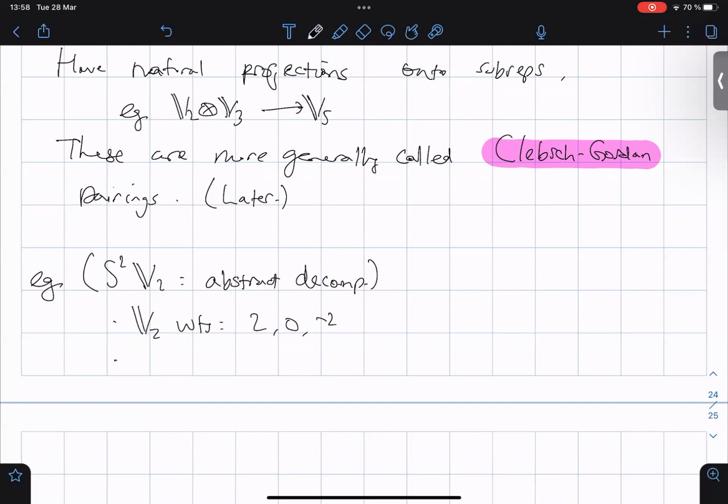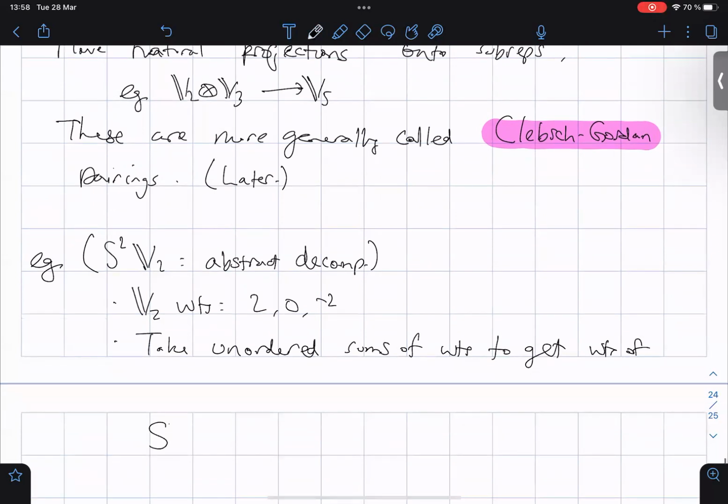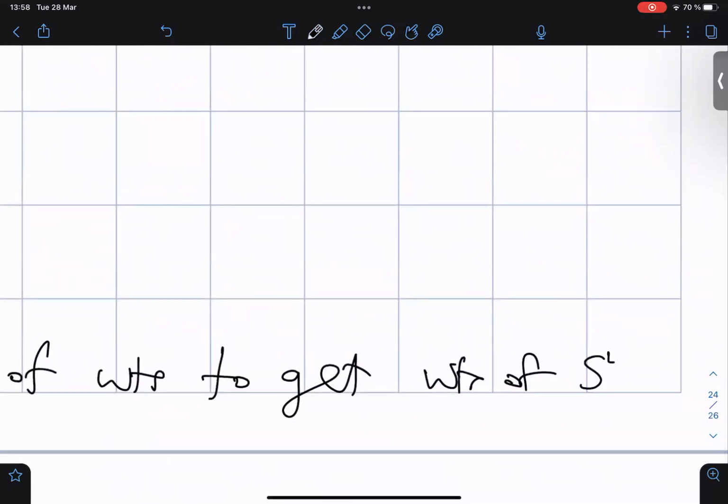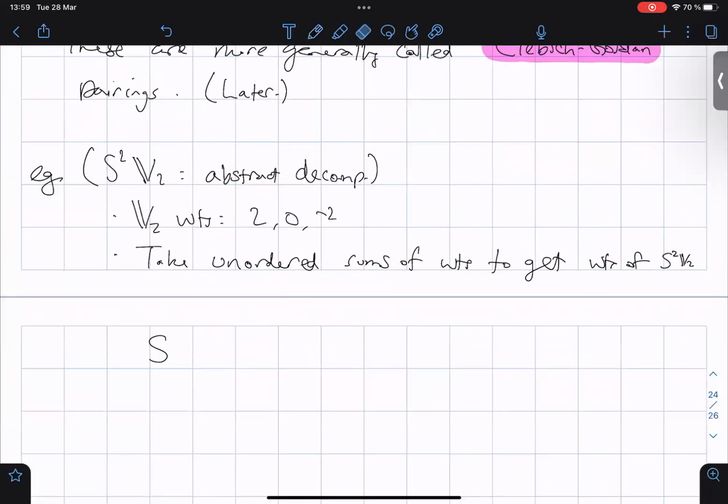What I want to do is take unordered sums of eigenvalues to get the weights. Again, I'll build a table, but I'm just going to fill in roughly half of the table.